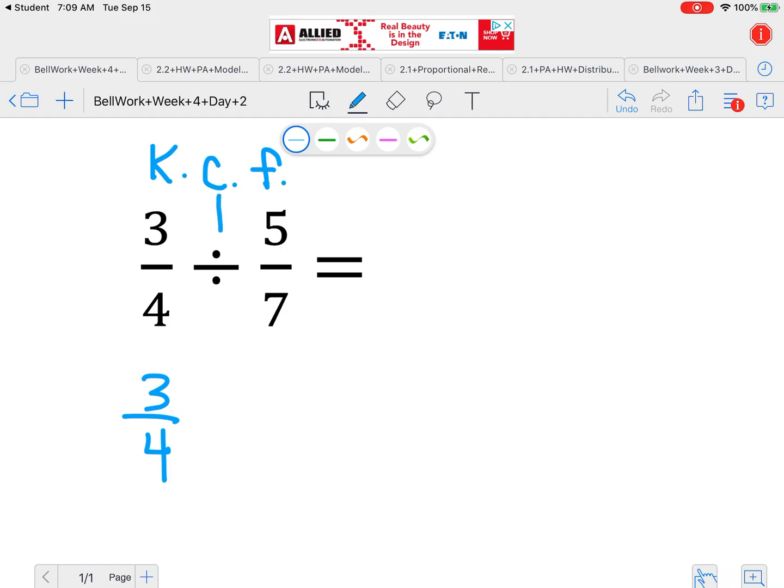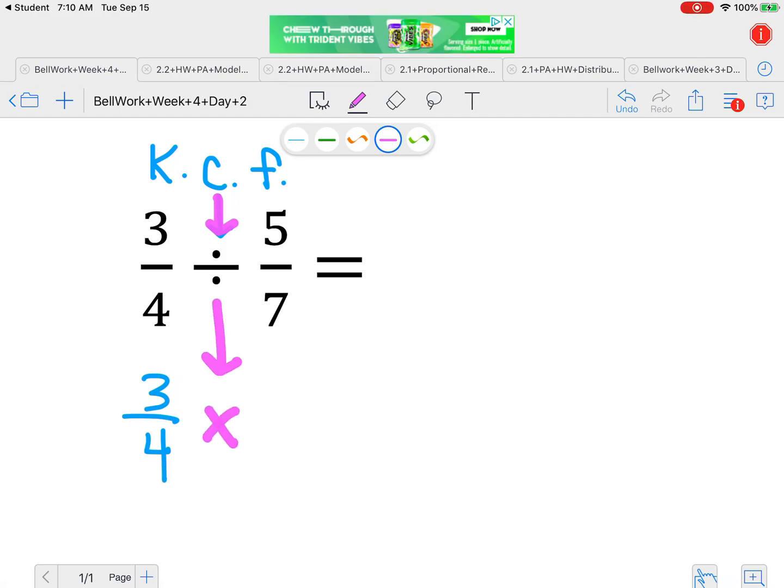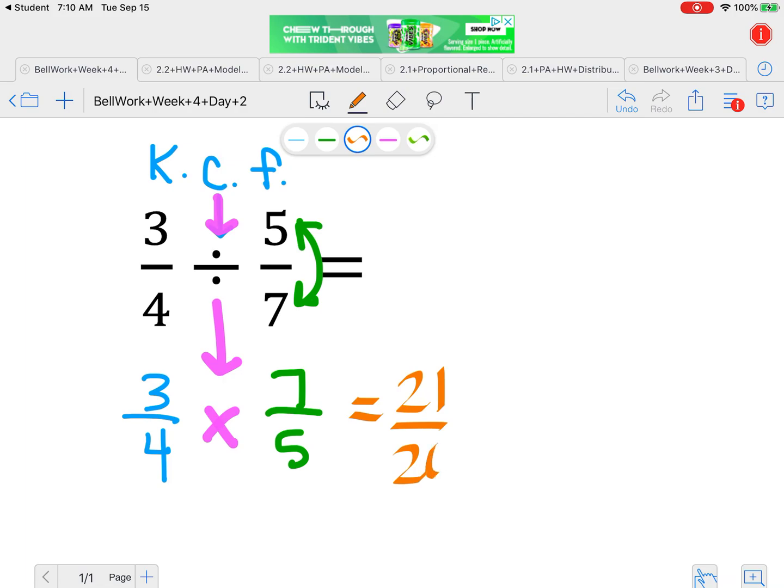I'm going to change the divide sign to be multiply. And then I'm going to flip this fraction upside down so that 7's on top and 5's on bottom. Then I can multiply straight across because now it's just a multiply question. This would be 21 over 20.